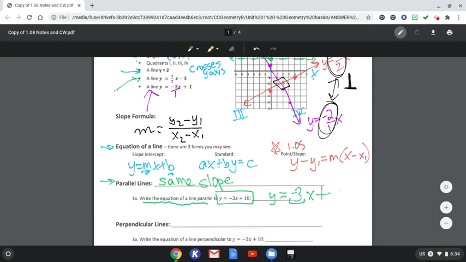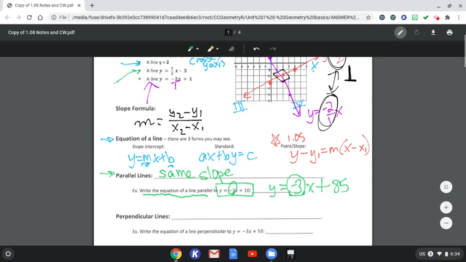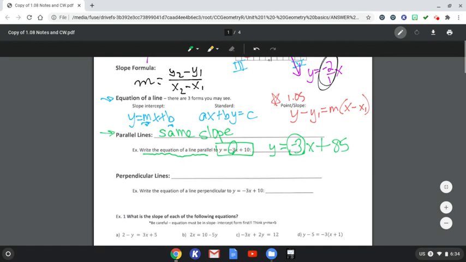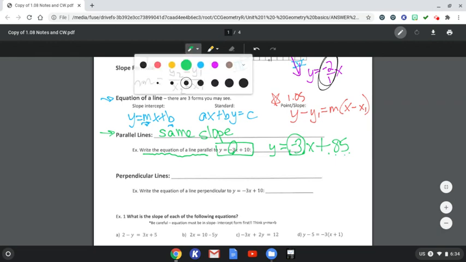The y-intercept could be plus 85. As long as this slope of -3 and that slope -3 match, those two lines will rise and run at the same rate. So again, that y-intercept was kind of irrelevant, just a new line that wasn't crossing at +10 as well.